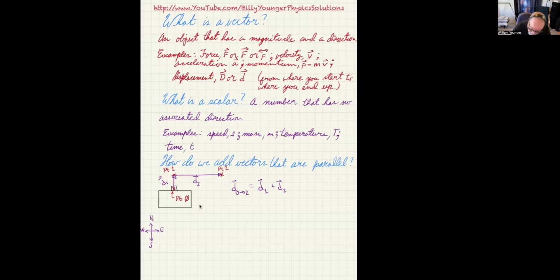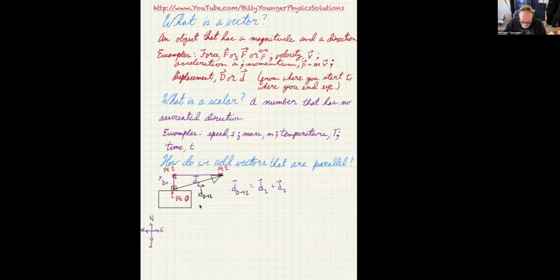That would be exactly it, in which case you could see that the displacement is this vector that points from point 0 to point 2. So this vector right here is the one we're calling D0,2, and that is how vectors add.